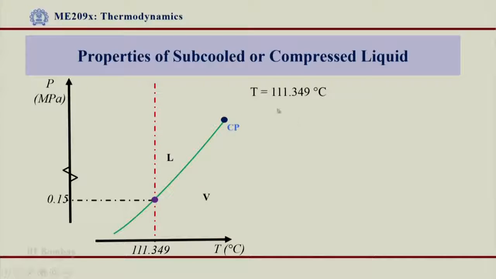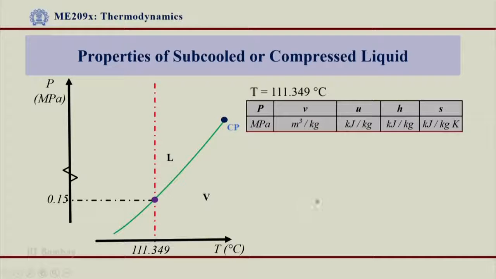So, let us look at this first point, which is on the LV line, a saturated point. This is a Psat, and corresponding to this, we have a Tsat. What are the properties that we look at? For different pressures, we will look at specific volume, internal energy, enthalpy and entropy, and I would like to look at these property changes for different pressures in this subcooled or compressed liquid region.